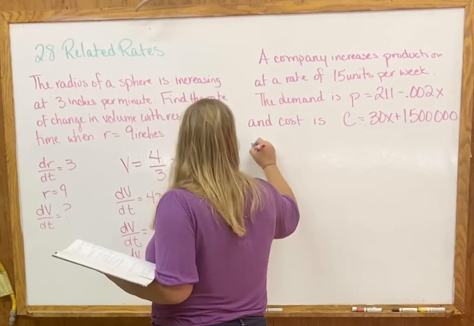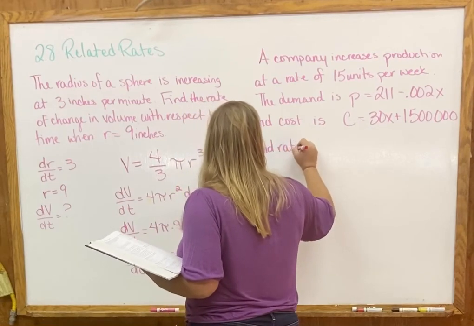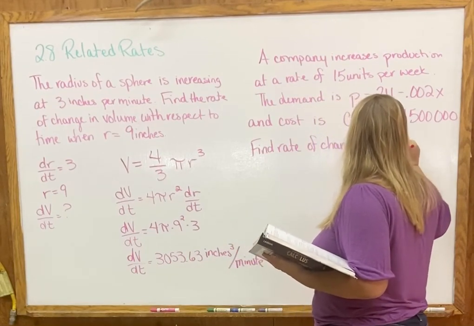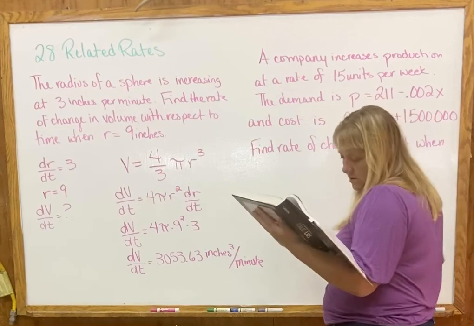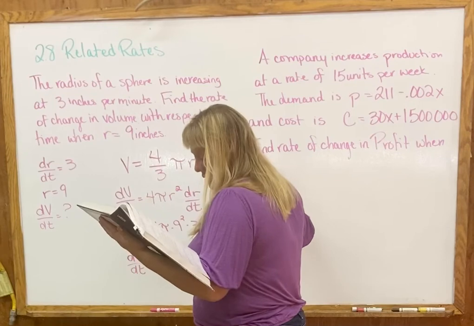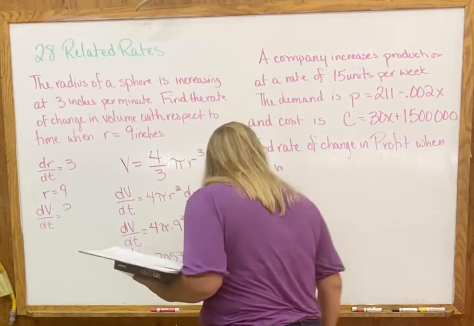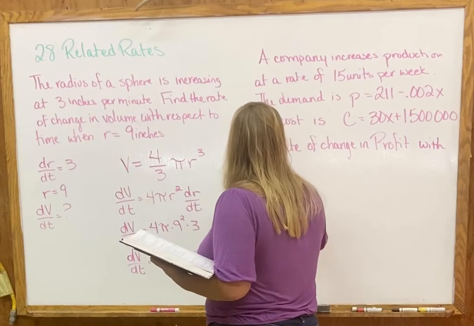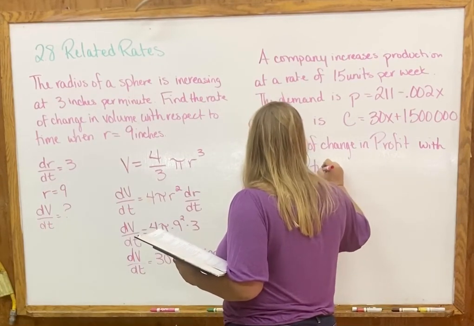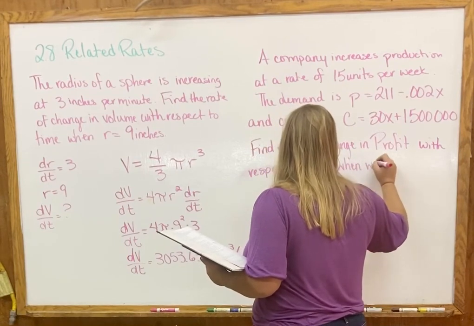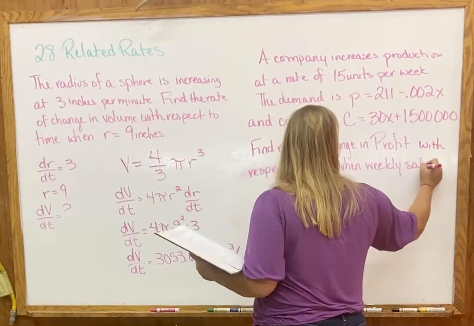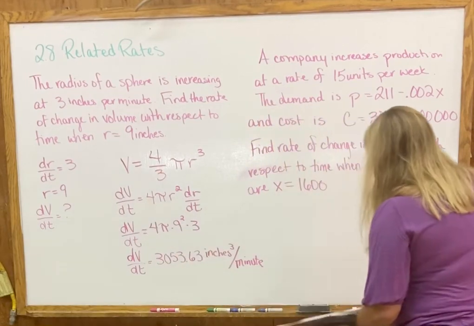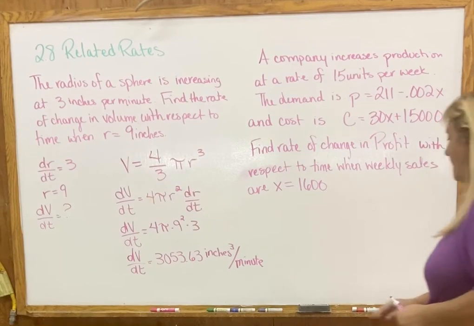Find the rate of change in profit, the weekly sales, the profit, I always forget that, profit with respect to time, when weekly sales are x equals 1,600.